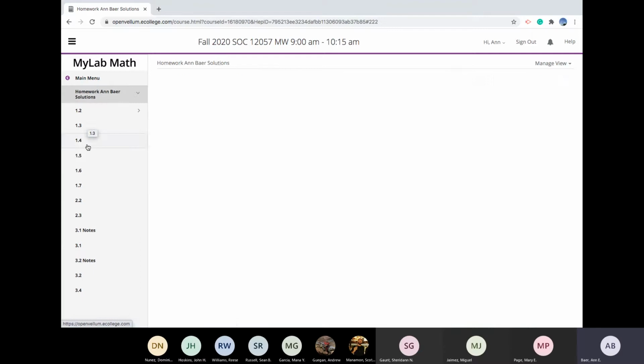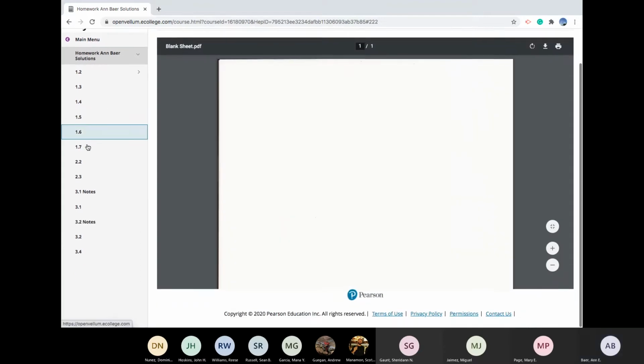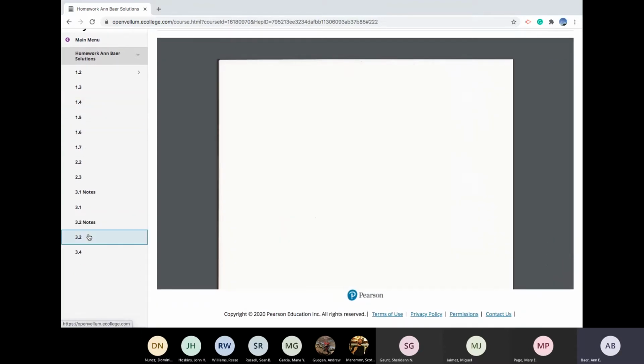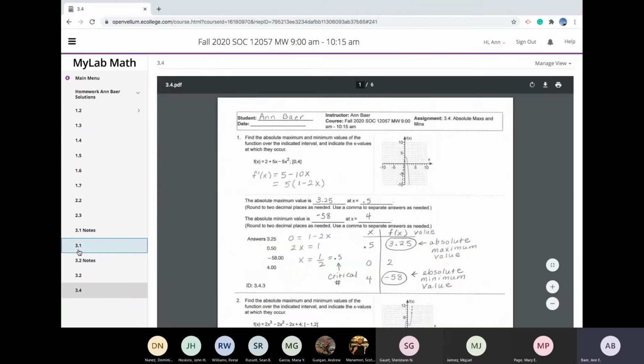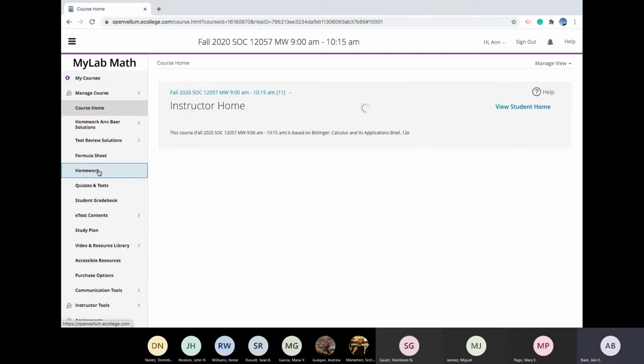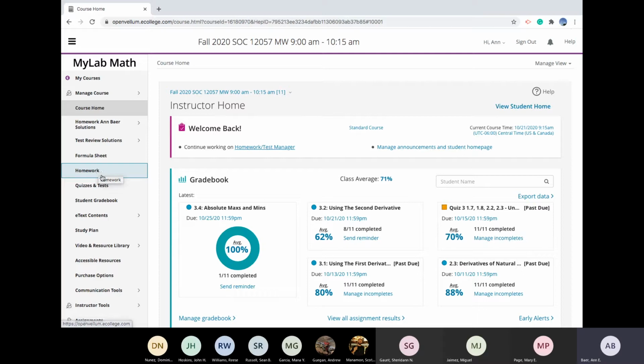You click on that and you can see they're all right down there according to section number. Say you want 3.4, there are my notes that I am presenting today. That's a nice little resource, and if students write to me and ask me a question, sometimes I point them to my solutions.